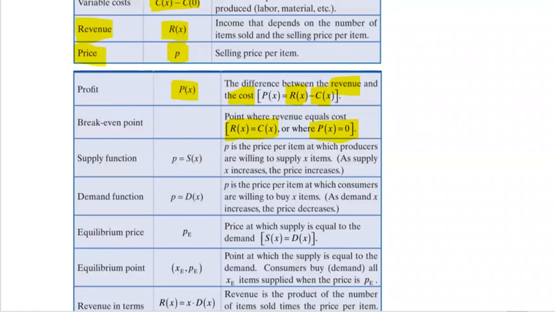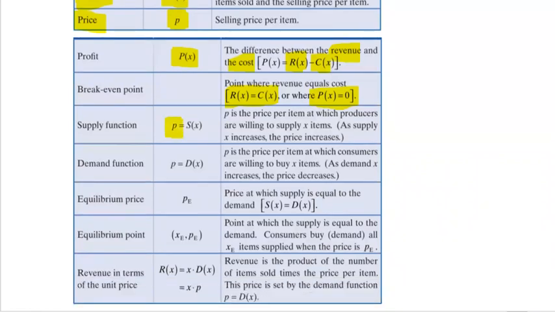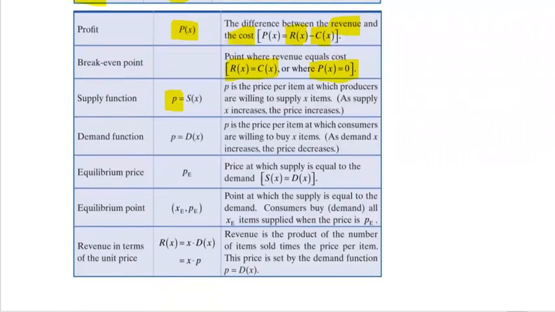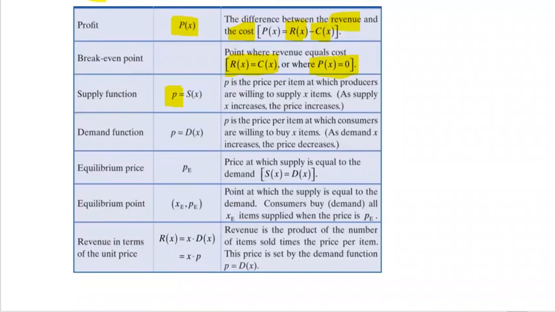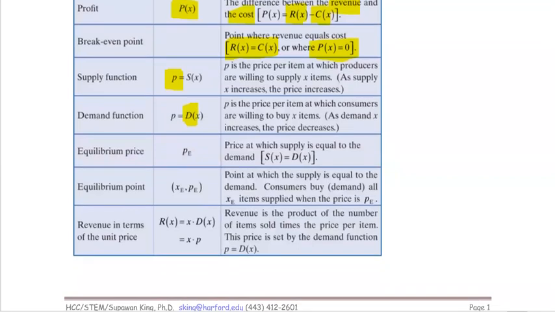Supply function, as I mentioned earlier, the lowercase p can represent either the supply function or the demand function. To be more specific, for the supply they use the uppercase S as a notation for the supply function, and the uppercase D, as well as lowercase p, to represent a demand function.